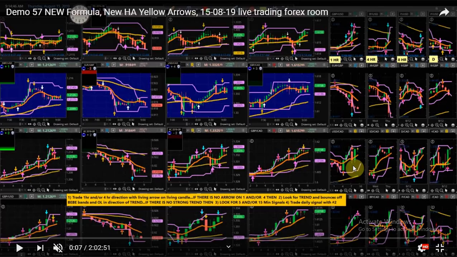Then, UC. UC is up, right? The trend is up, very clearly up, which is great. However, look what happened. It is about to break 1 and 4 hour, 8 hour, and daily BB bands. And that gives us space for a trade against the trend. Now, this is the only time ever, and the only circumstances I would enter a trade against trend, when that pair has broken the 1 hour BB band, the 4 hour BB band, the 8 hour, and the daily.